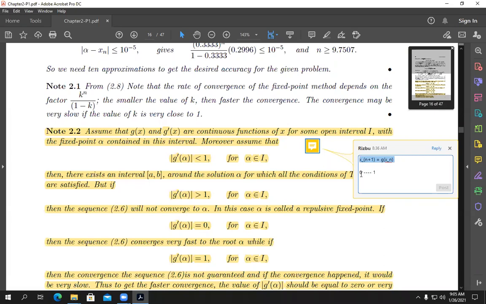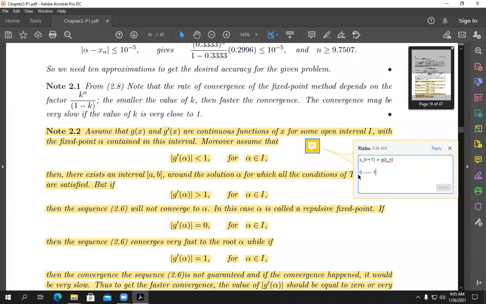It means if the value of g dash is inside here, it always converges. If the value is outside, it always diverges.